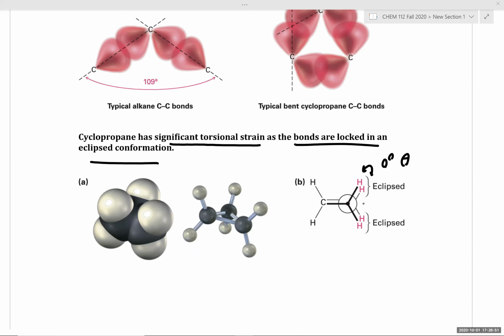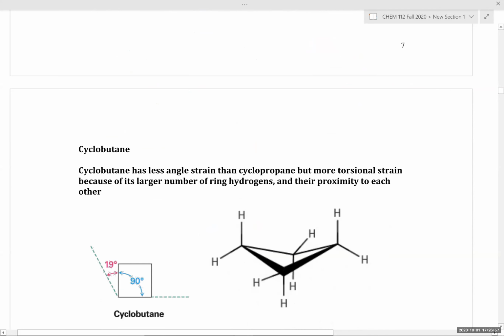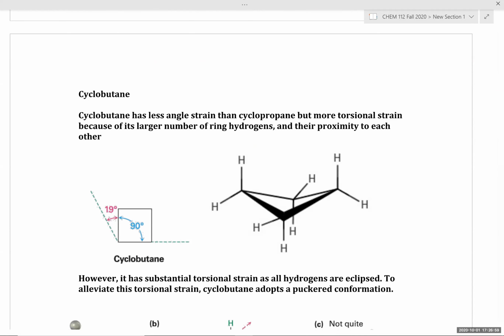Okay, so moving past our cyclopropanes, we have cyclobutane. Cyclobutane has less angle strain than cyclopropane, but it has more torsional strain due to its larger number of ring hydrogens.